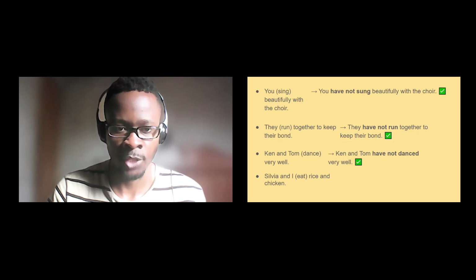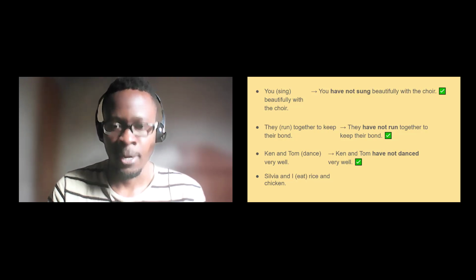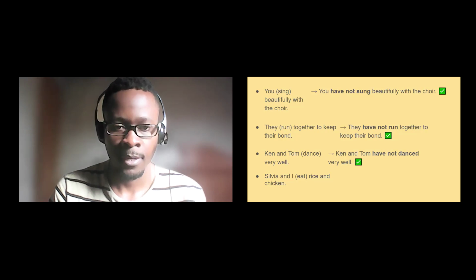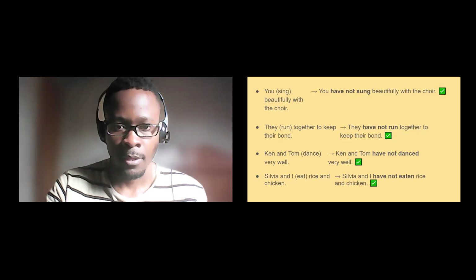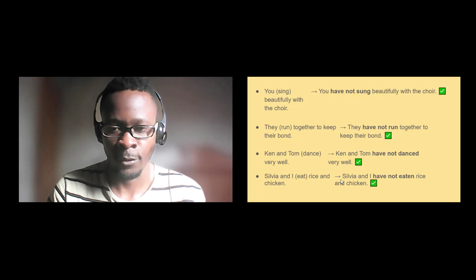So the collective subject is we. I have to put have after we, and I have to make it negative by putting not. And then with my verb, I have to change it into the third form. I have to use the V3, the past participle. And the third form of it is eaten. The correct sentence is therefore, Sylvia and I have not eaten rice and chicken.